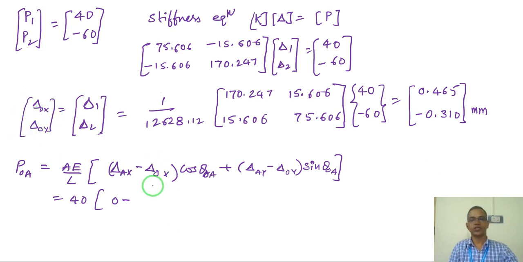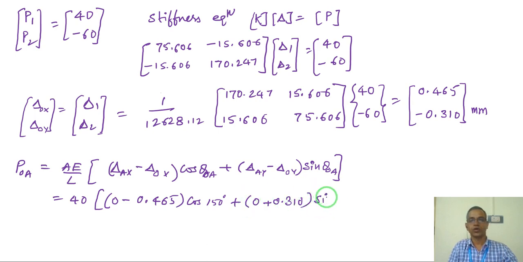So delta OX is 0.465 into cos theta OA, cos 150 degrees, plus delta AY, which is 0, minus delta OY, minus minus plus 0.310, into sine of 150 degrees.